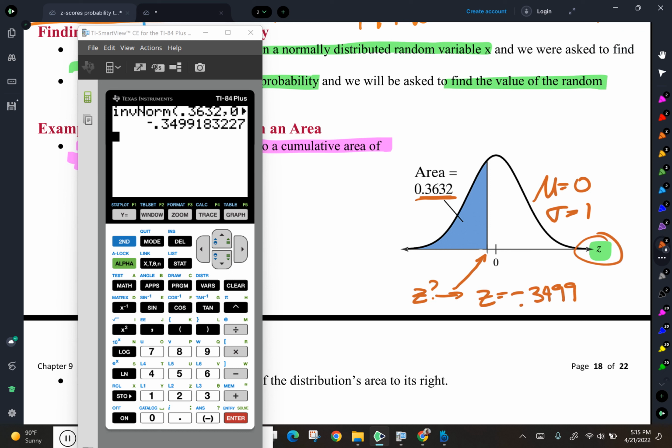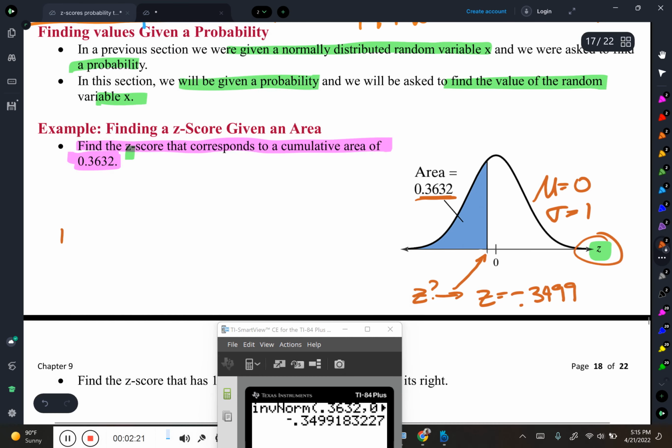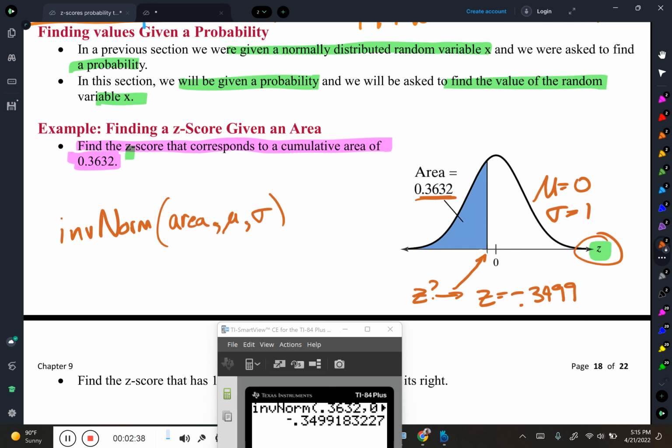If you happen to be using an 83, the command is inverse norm, area, comma, mean, comma, standard deviation. Right?